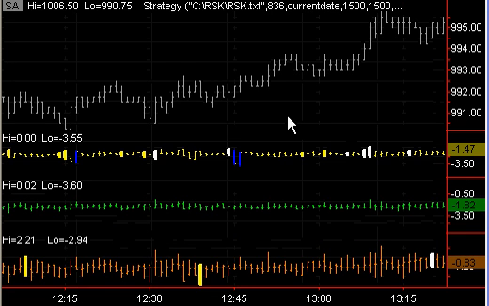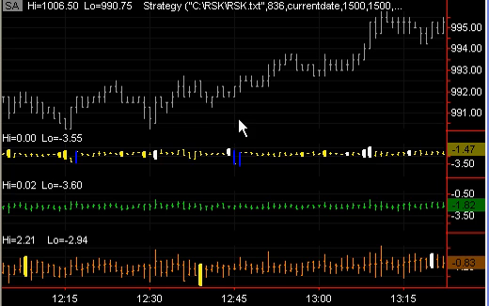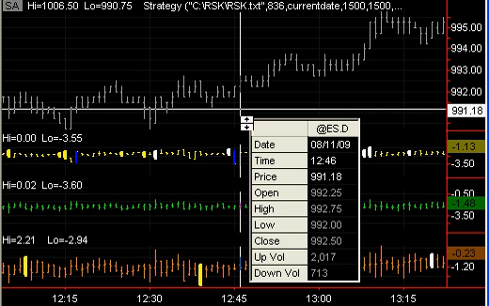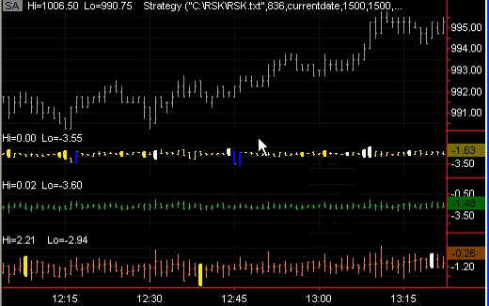Now, on the previous day, on August the 11th, at 12:46 p.m. Central Standard Time, the S&P premium, which is this line here, hit a new low for the day.